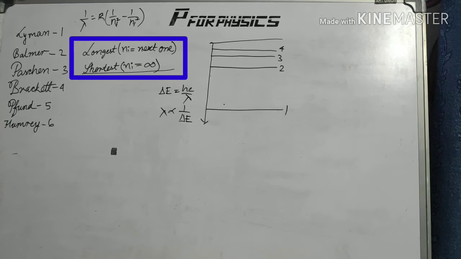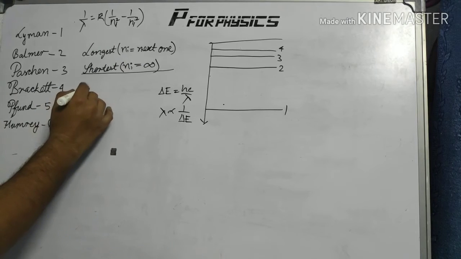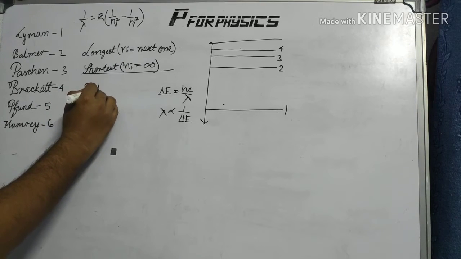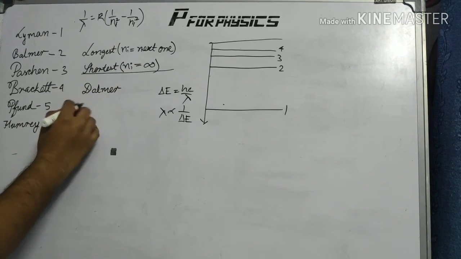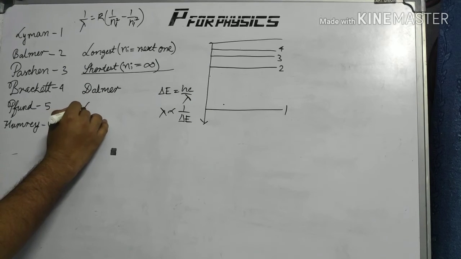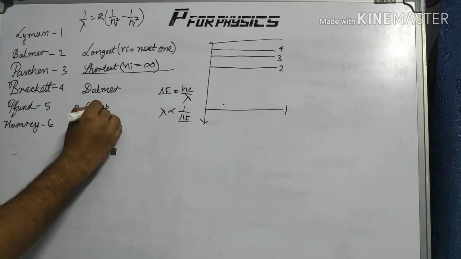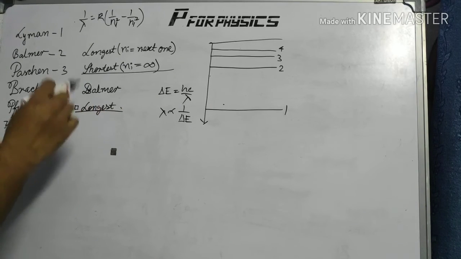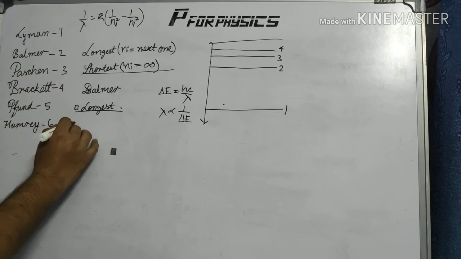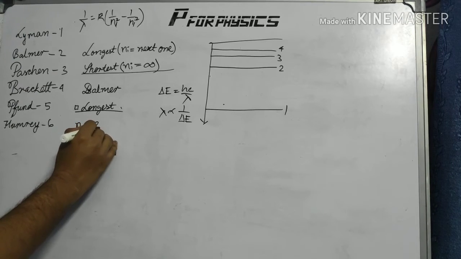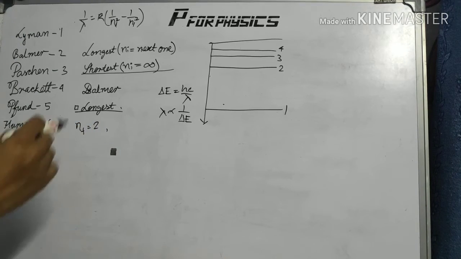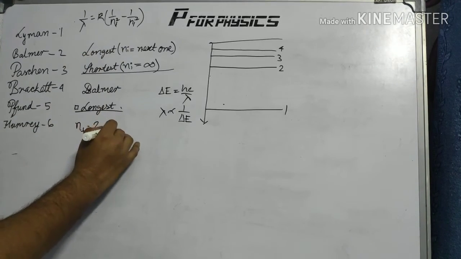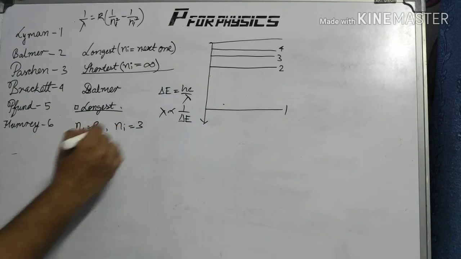Now say you are told to calculate the longest and shortest of Balmer. Let us calculate the longest first. So for Balmer we know that it is at second, so n final would be 2, and as we saw, for longest, n initial is the next one, that is 3.